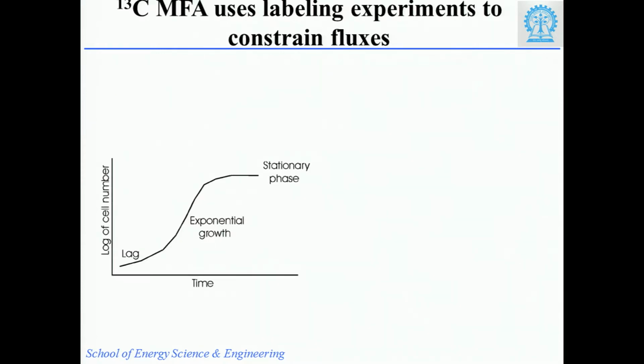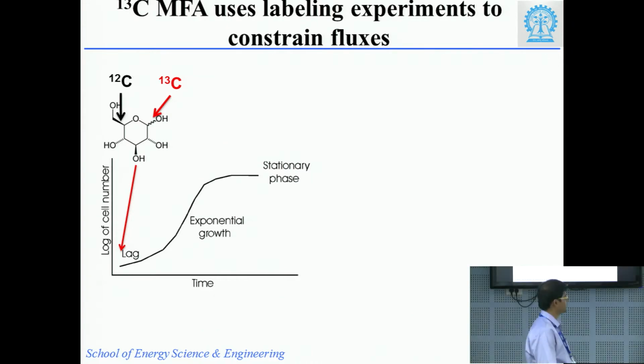But when it comes to a 13C MFA experiment, what do you do? You first allow the cell to grow in glucose. Suppose the cell is growing in glucose. I take the simplest example, but there can be a complicated source of substrate. Here the glucose is no longer a normal glucose. So what is the difference?